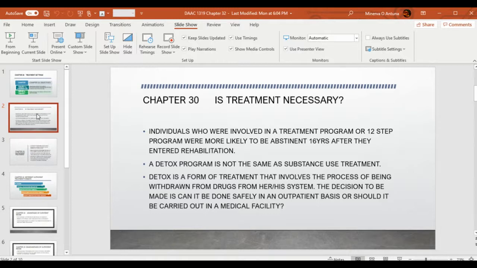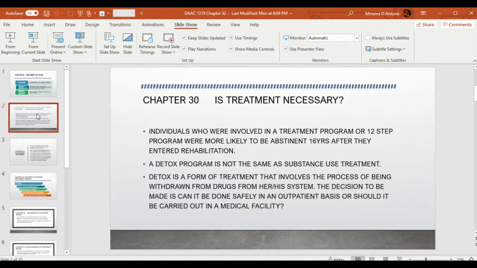A detox program is not the same as a substance abuse program. A detox program is going to be short term, like a few days, in a facility where they have medical observation and the necessary care to be able to go through withdrawal in a safe environment.